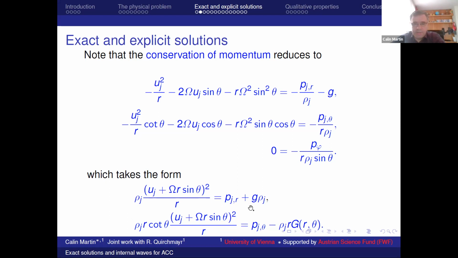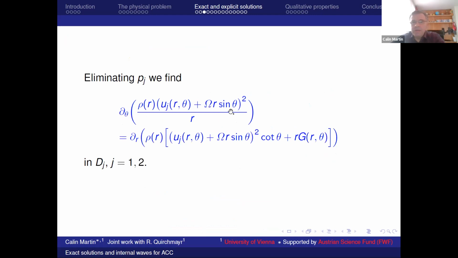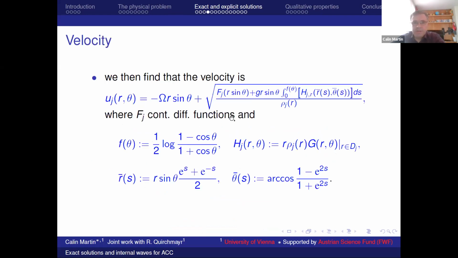So this can be solved very easily by eliminating the pressure, and in doing so, we obtain a transport equation, which is written here, and solving this using the method of characteristics, we end up with the formula for the velocity. So this uj of r and theta is given in terms of this formula.